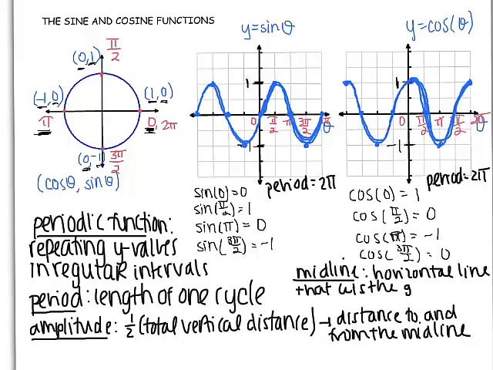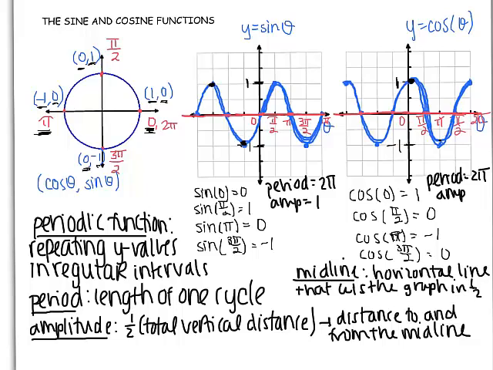So if I were to draw that in, in our case, the midline is just going to be right on that x-axis, because you can see now that the amplitude in both of these cases, for both sine and cosine, is going to be 1.